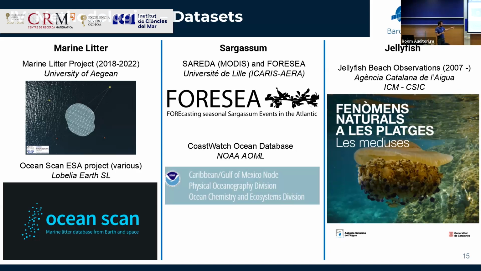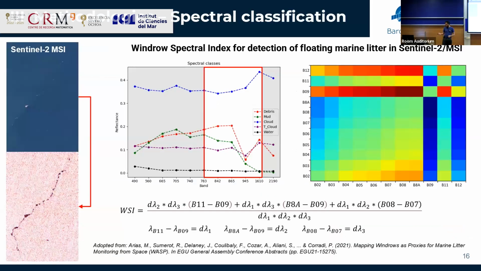We are also part of an initiative led by a Catalonian company, Lobelia Earth, which has this OceanScan database in which they are gathering many in situ observations. For Sargassum, there is a number of services already available from which we can gather a lot of the data. And for the jellyfish, we plan to use mainly the information from the ICM in cooperation with the Agència Catalana de l'Aigua.